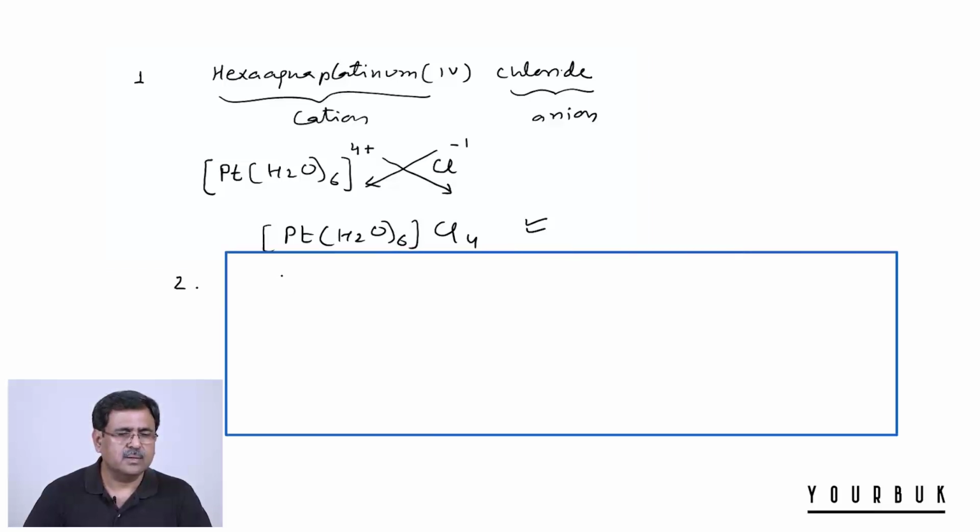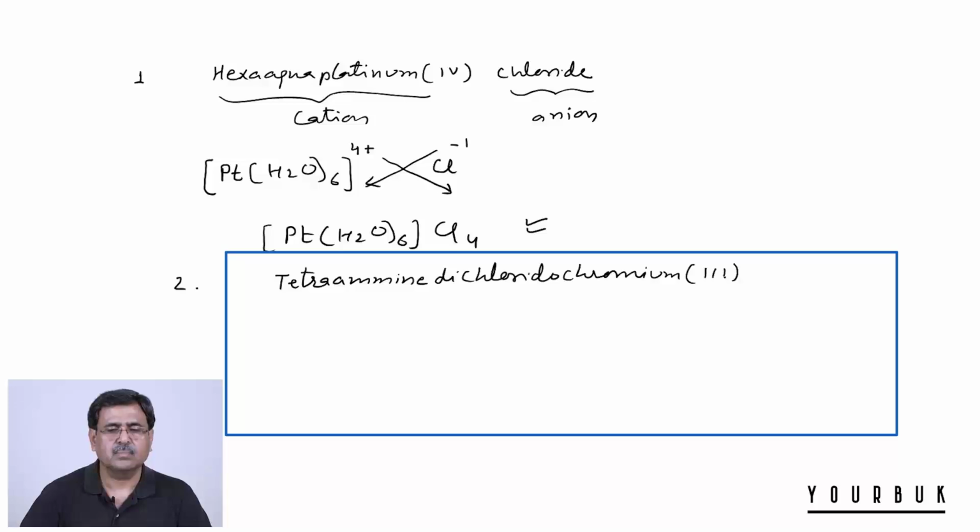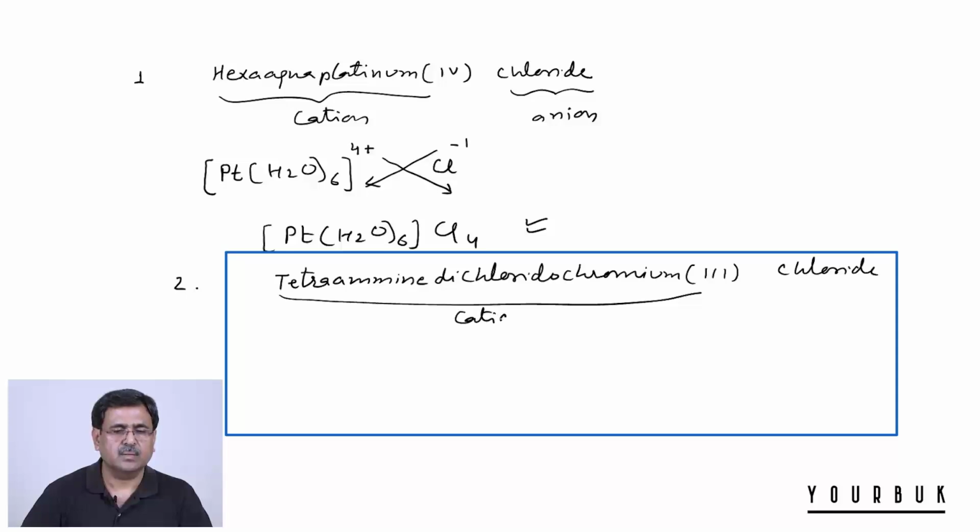It is given tetraamine dichlorido chromium 3 chloride. So again this is our cationic part, and chloride is the anionic part.